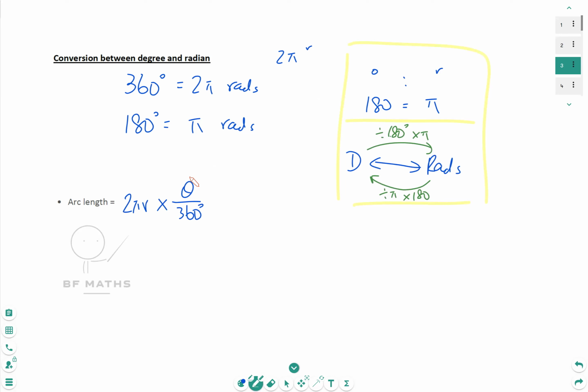But in radians, we know 360° equals 2 pi. Therefore, arc length equals 2 pi r times theta over 2 pi. You can see I just replaced 360 by 2 pi.